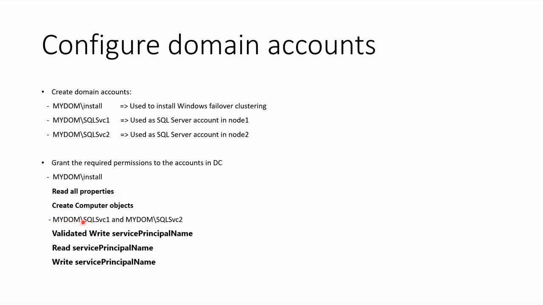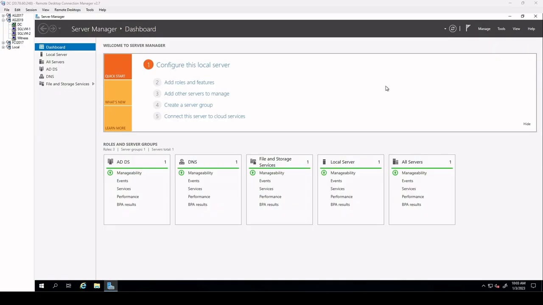Finally, we give validated write to service principal name, read service principal name and write service principal name for SQL Service 1 and SQL Service 2, so that our SQL services can unregister and register SPNs in the domain controller when SQL services are restarted. So let's configure the accounts.